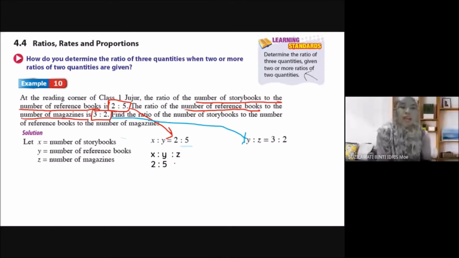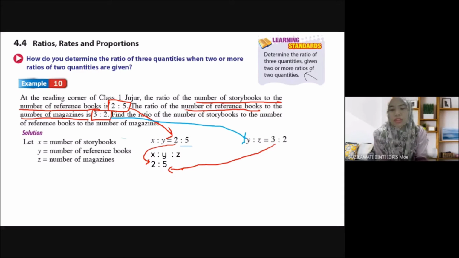So we write X to Y to Z, since this is the one that we want to find. X to Y, we copy back this one, 2 to 5, under X, Y, Z. Then we copy this value under it, which is Y to Z, 3 to 2.